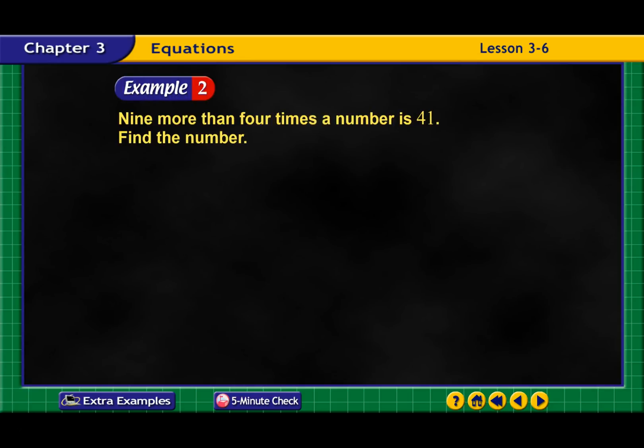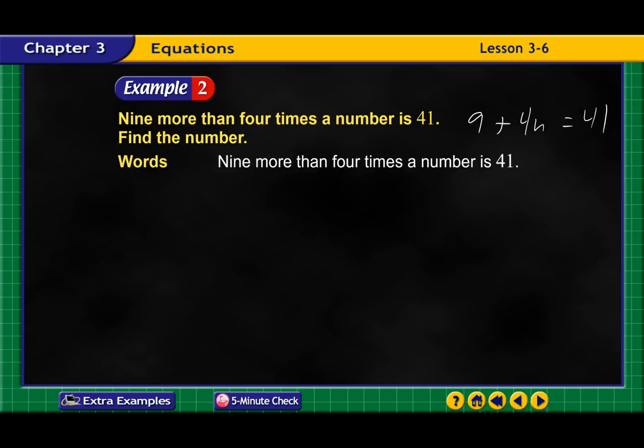9 more than 4 times a number is 41. Find that number. So 9 more than would be 9 plus 4 times a number, n, equals 41. Oh, hey, now they're going to do all the steps for us. Sure. So we're going to let n be the number.